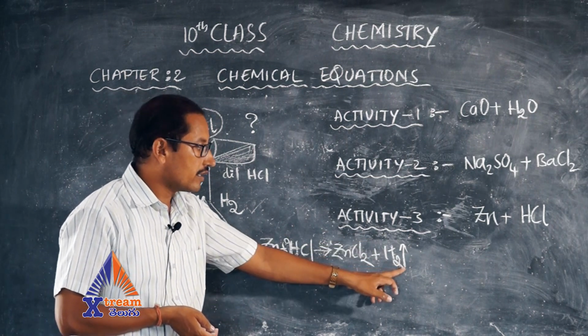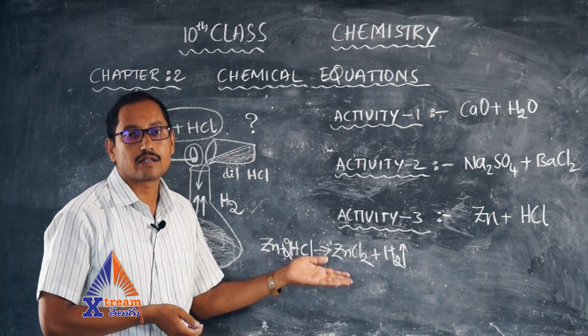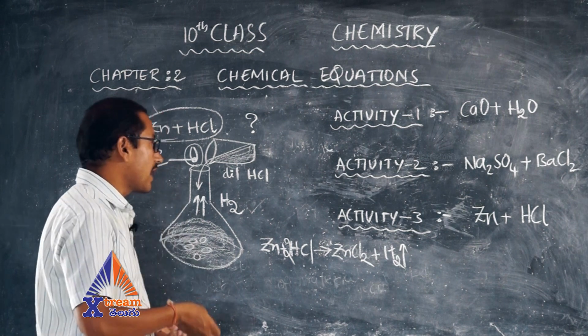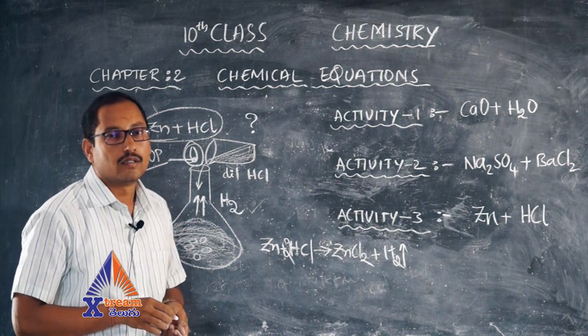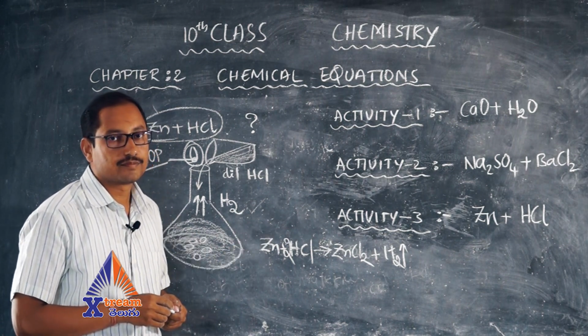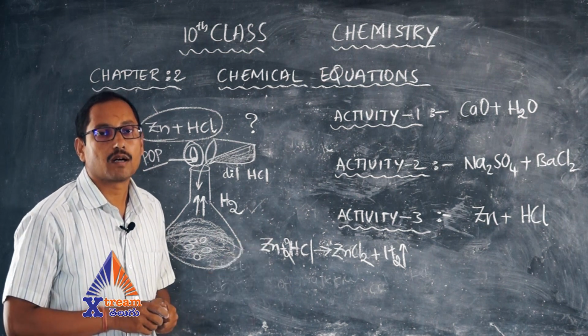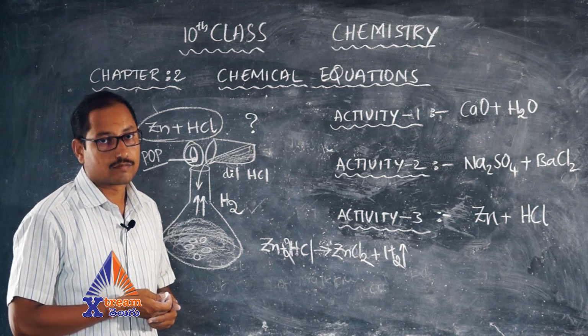So whenever we write an upward arrow mark, that means it is a gas. So this gas makes the matchstick go off with a pop sound. Here the activity completes.